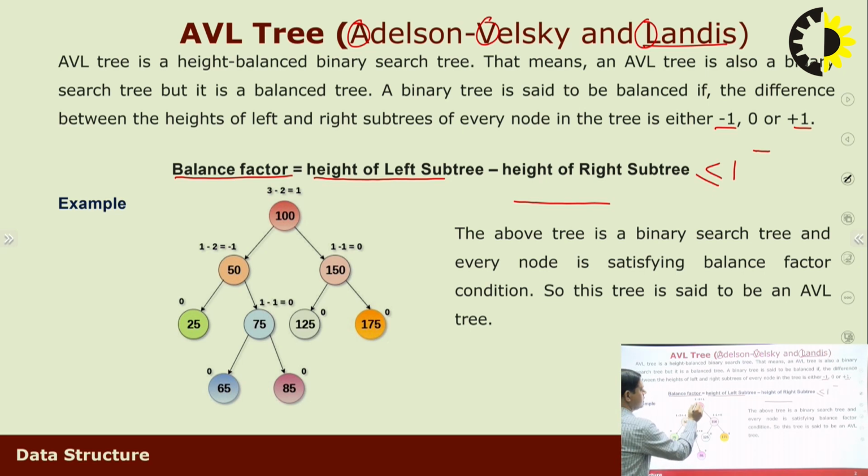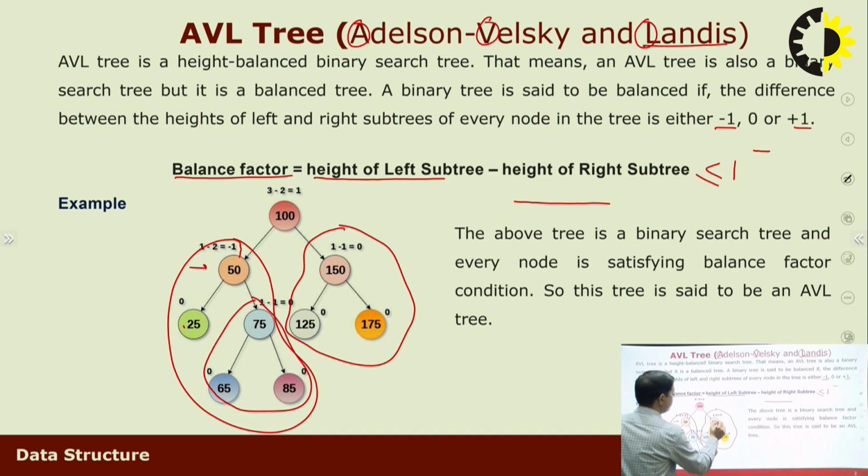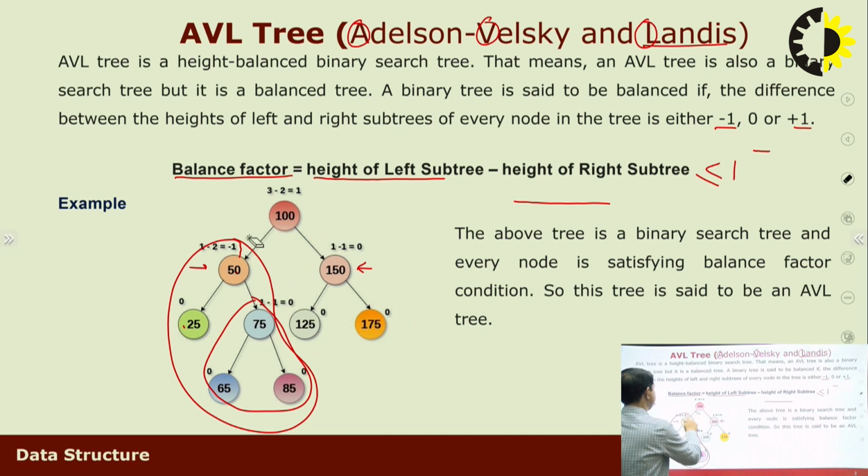The value at this node 100 is greater than the nodes on the left side and less than the right subtree nodes. In the same way, if we are checking at this node, 50 is less than 75 and greater than the values on this side. In the same way, if I am checking this property at 150, that is 150 is less than 175 and greater than 125.